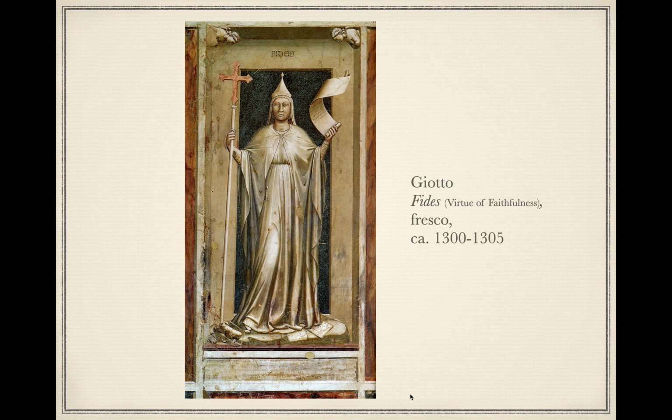So this is Fides, or faithfulness, from a fresco in the Scrovegni Chapel in Padua, Italy. And what he did was that he brought a three-dimensional look back to two-dimensional artwork. So, his artwork, Fides, has width, and it has height, or two dimensions, but it has no actual depth in it.